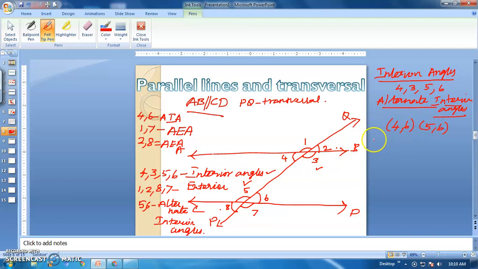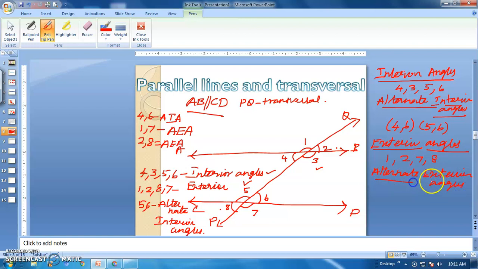Next, exterior angles. So what do the exterior angles mean? 1, 2, 7, 8. These are the exterior angles, and among these, the alternate exterior angles.